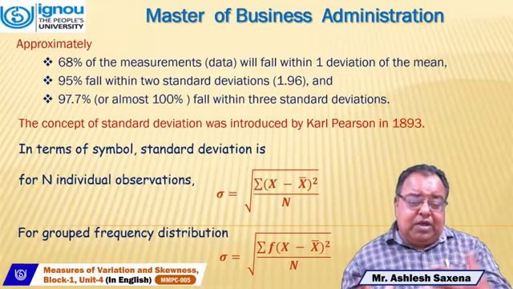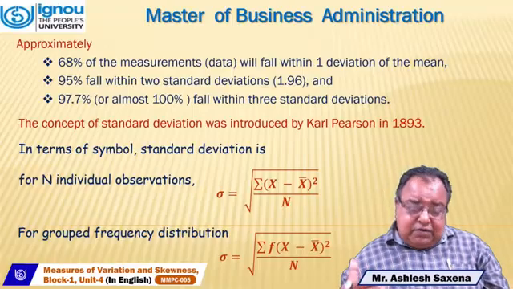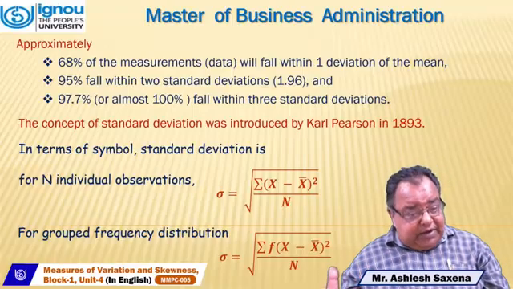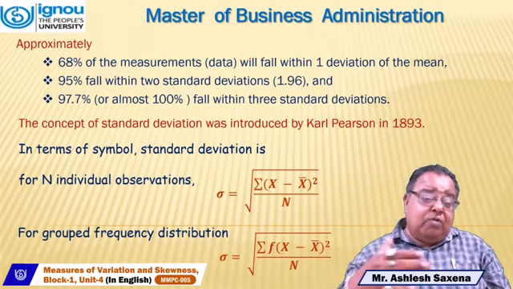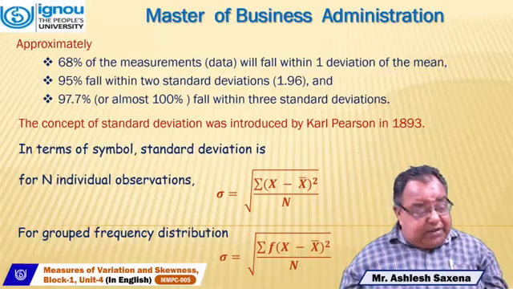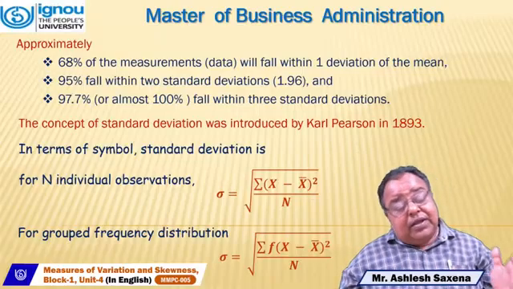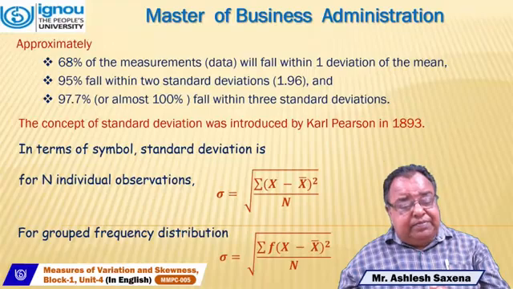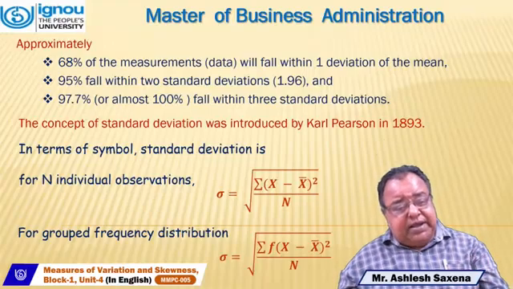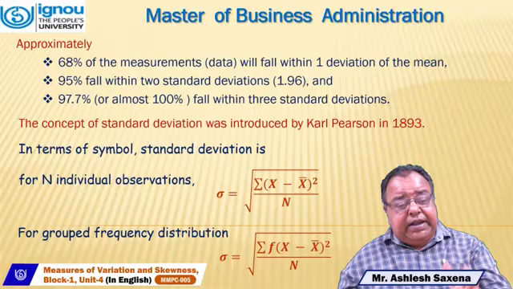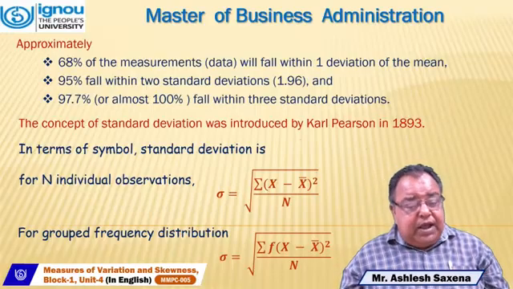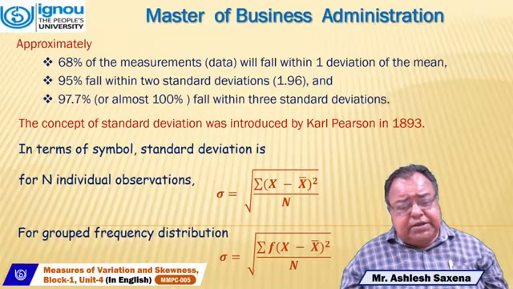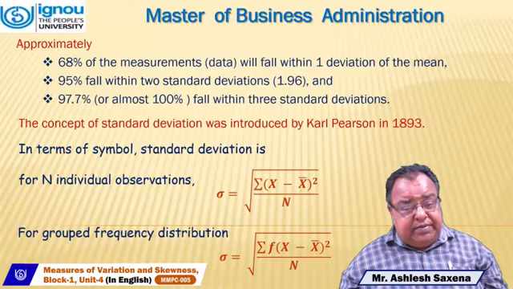Now, because we are talking about mathematics, first of all we have to know the mathematical relations. Depending upon the data available to us, we have seen how the mean is evaluated. There are three types of data, and depending upon the nature of the data, the formulas are used. Similarly here, if we have n individual observations, the standard deviation will be the under root of summation of x minus x bar whole square divided by n.